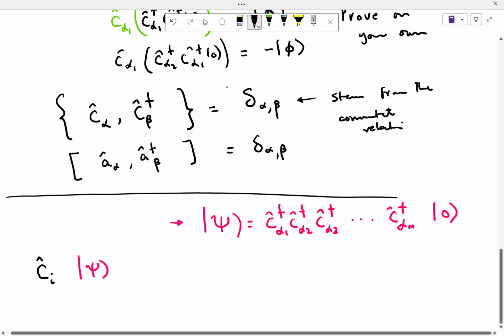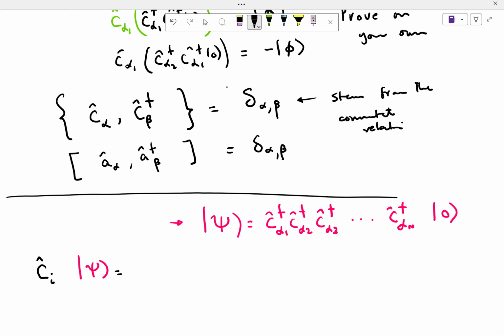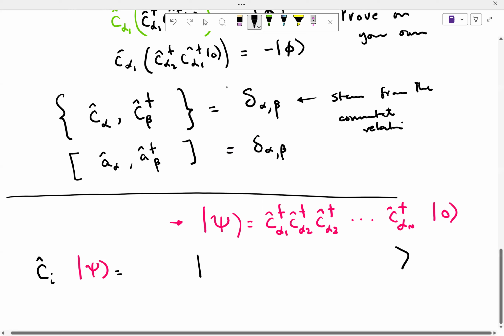What the annihilation operator does is that it annihilates a particle which is in the state alpha I. So if this is my original state, then at the ith position, the number of particles will be decremented by 1. Previously I had n alpha I particles in psi.